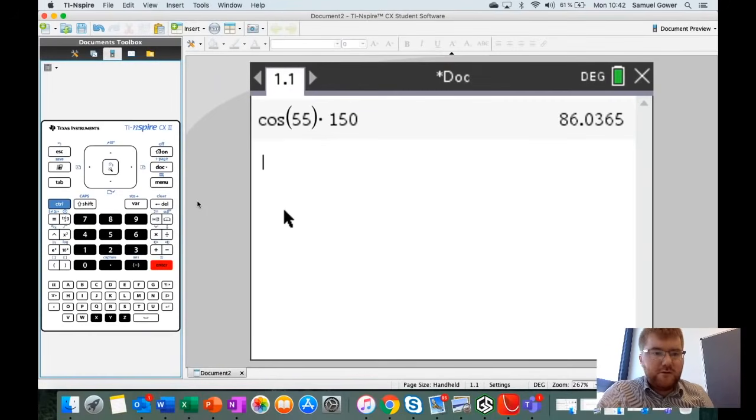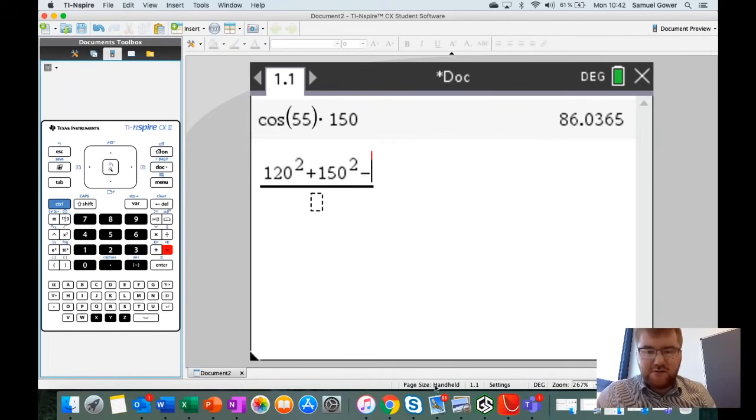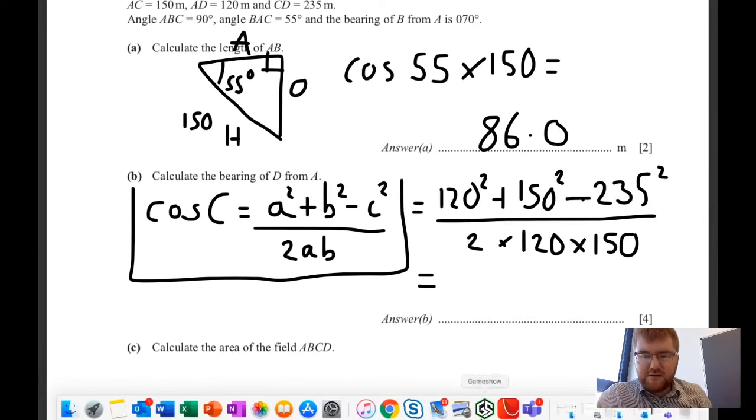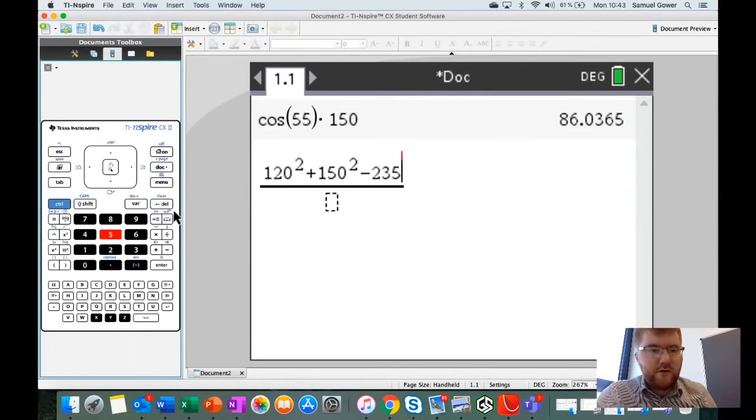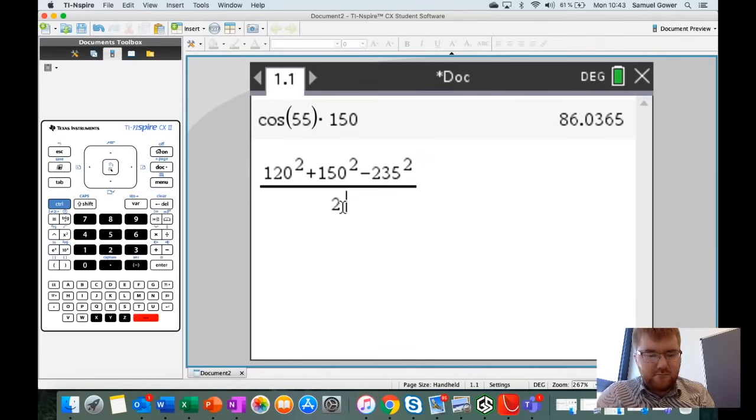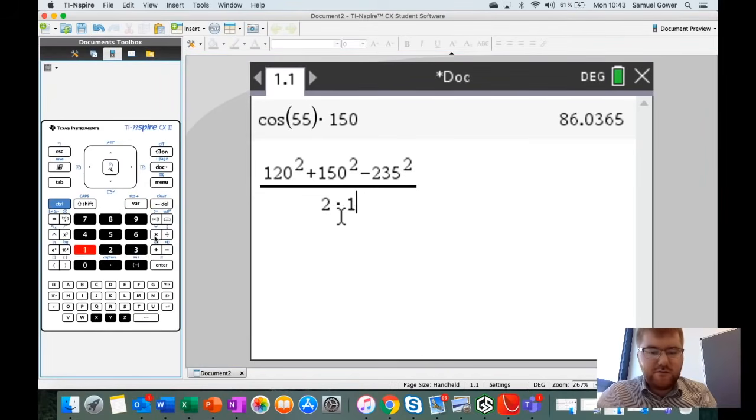So we want to do it as a fraction, so we press control and divide. 120 squared plus 150 squared minus, I think it was 235. That's it, 235 squared. The calculator is pretty clever at working out the maths as you go along. So times 120 times 150.